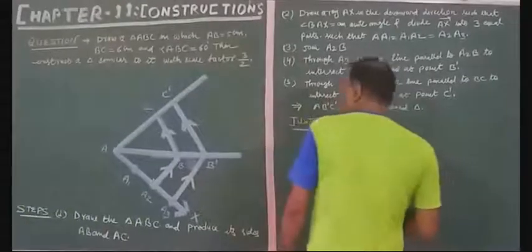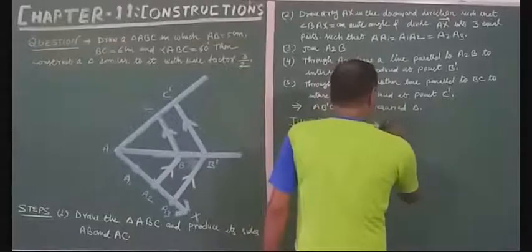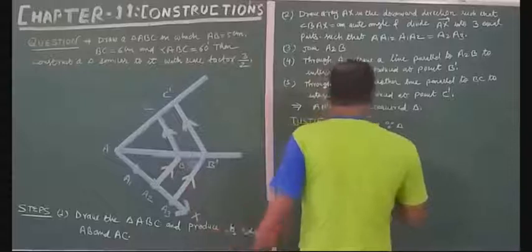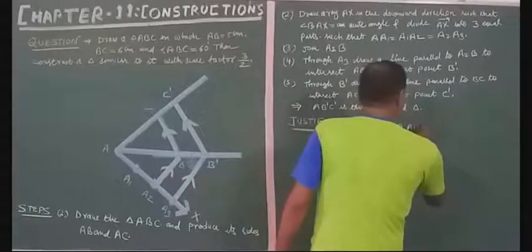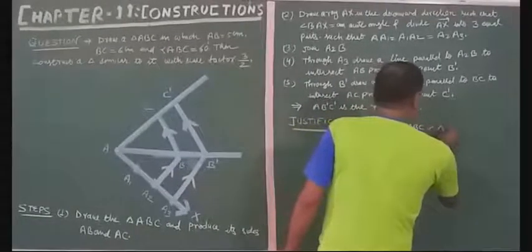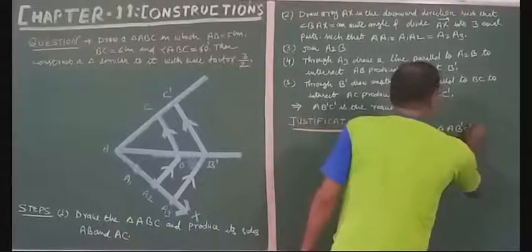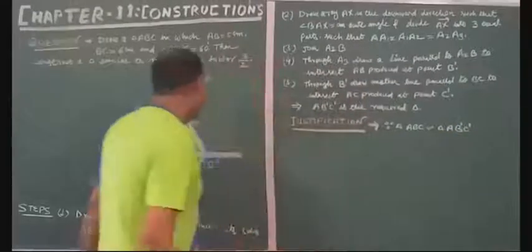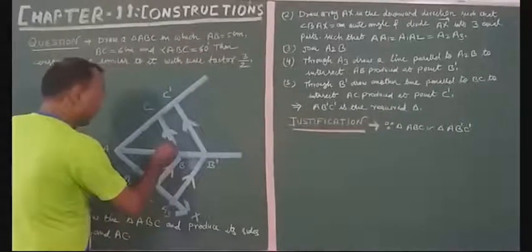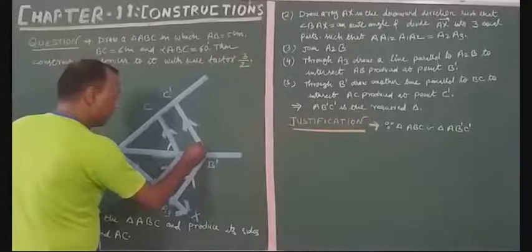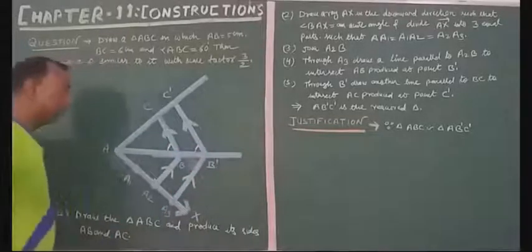Just as in the previous question, since triangle ABC is similar to triangle A, B dash, C dash. Why are they similar? Because this angle and this angle, B and B dash, they are equal.